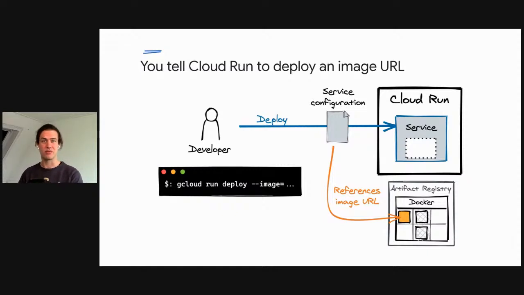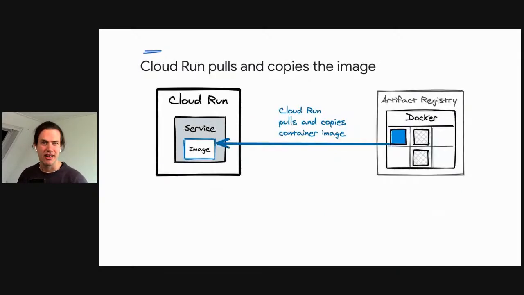So this is when you as a developer open your console, do gcloud run deploy, image URL is this, name of the service is that, and it starts deploying. You can also use the web console. And at this point, Cloud Run will pull the container image from the repository, and it will make a copy. It will make a local copy. Because Cloud Run wants to ensure that your service starts reliably and fast.